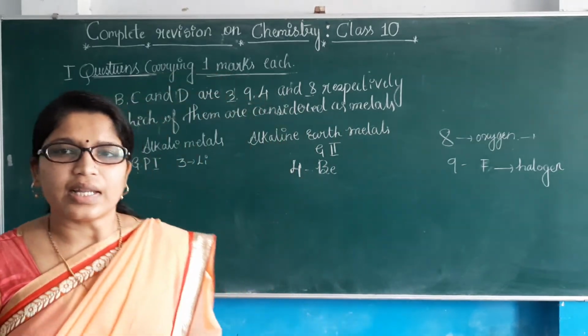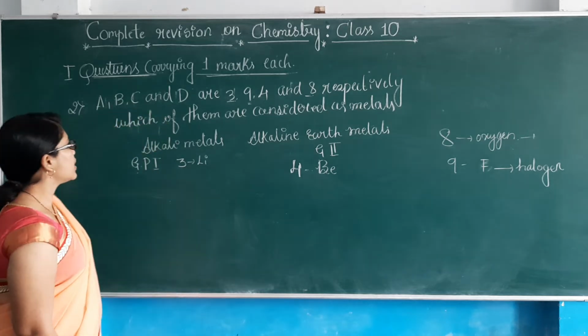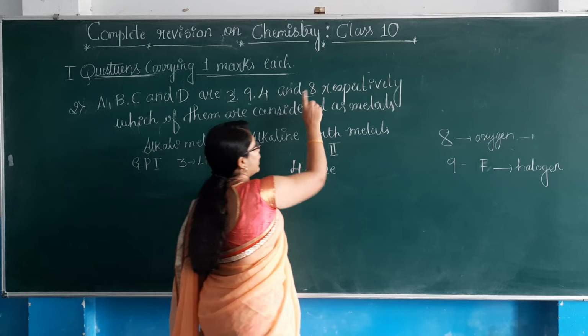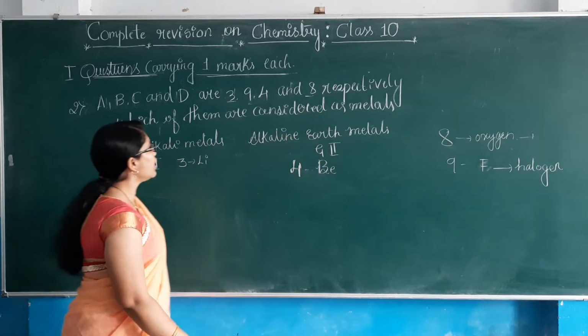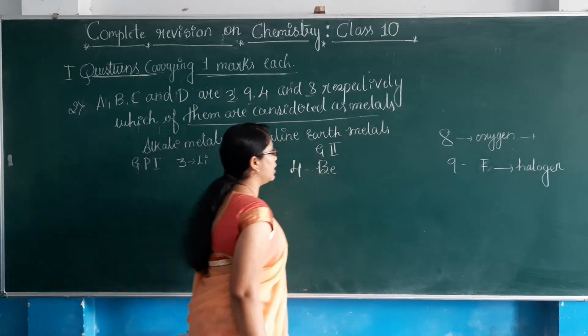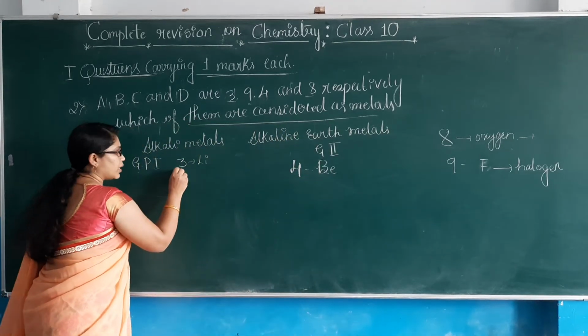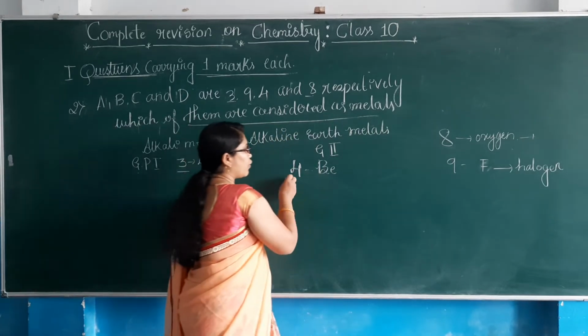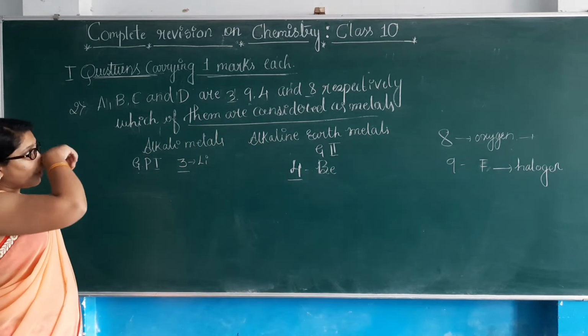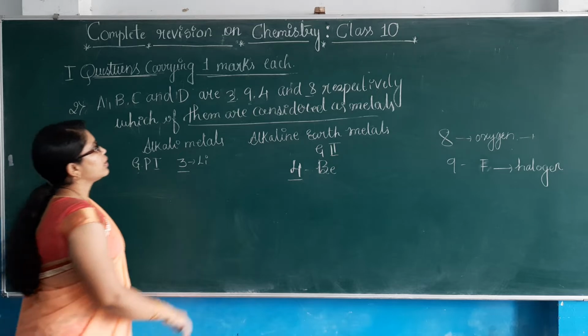Now you can easily tell me what the metals are. What is the question? A, B, C, D are atomic numbers 3, 9, 4, 8 respectively. They are asking which of them are considered metals. I can say that atomic number 3 and atomic number 4 together are considered as metals. What is the symbol given for 3 and 4?